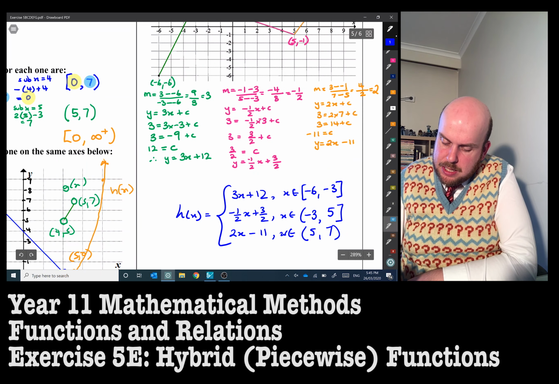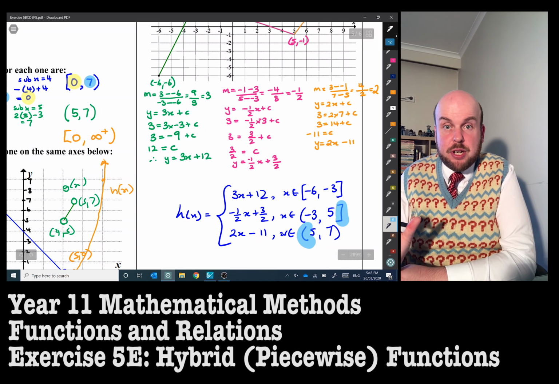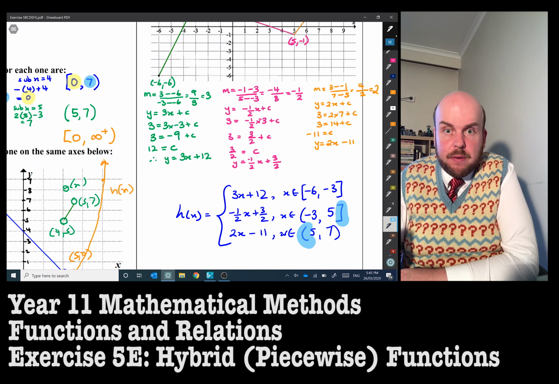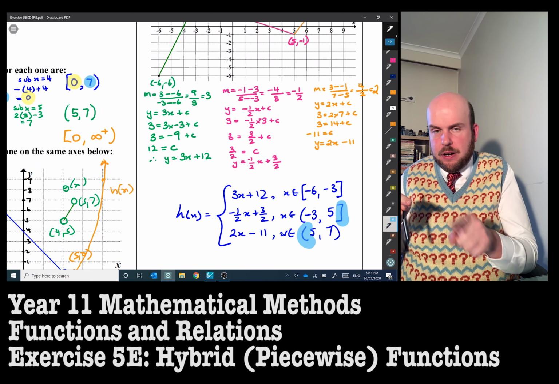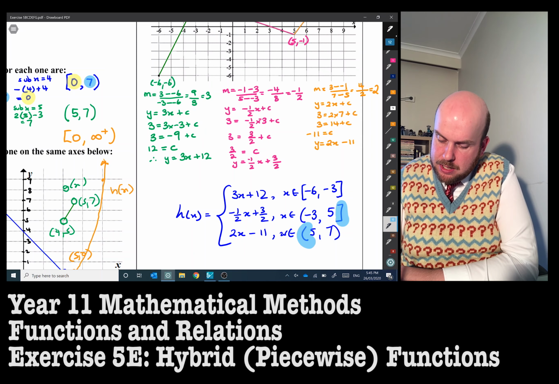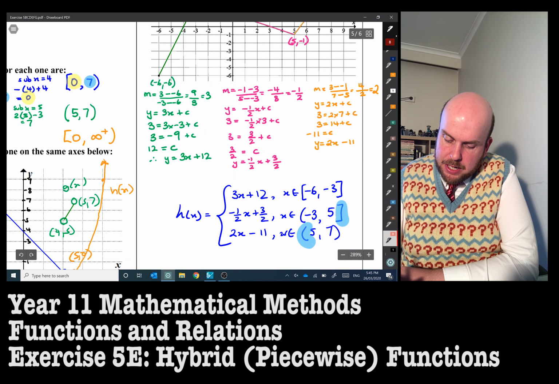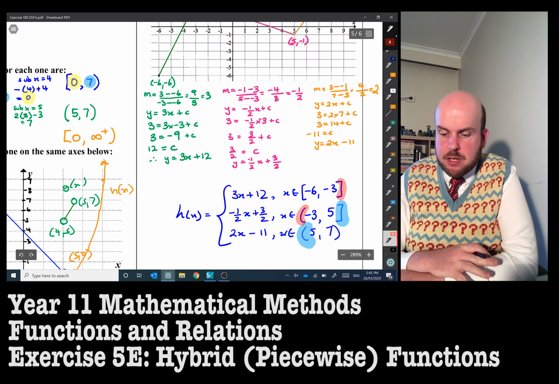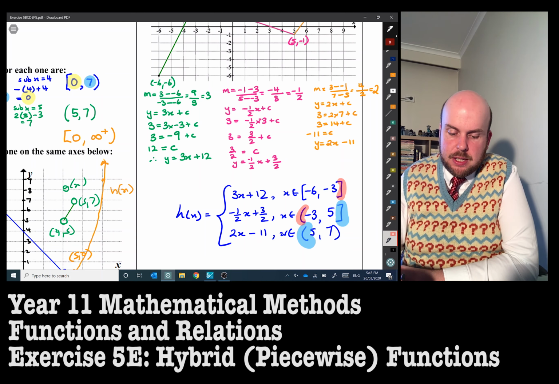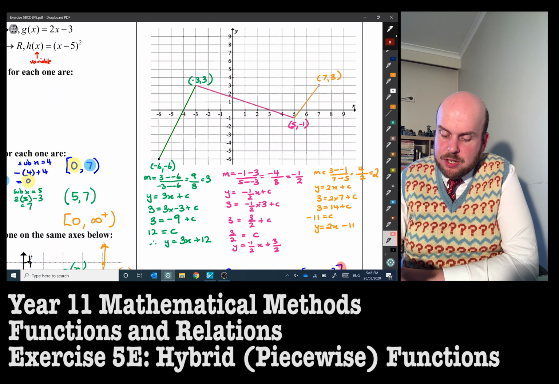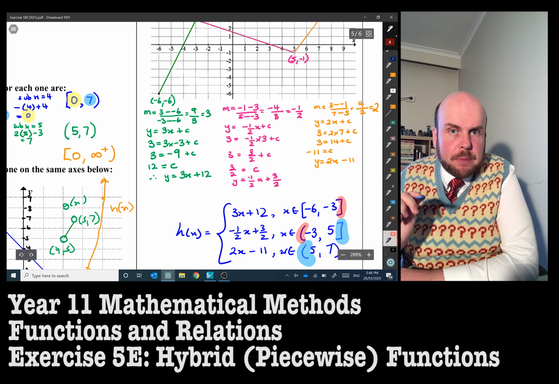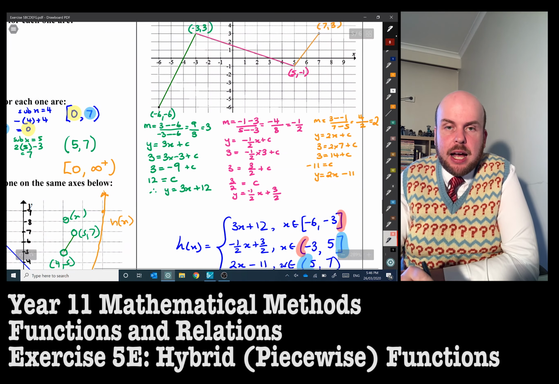Please remember this and this bracket here are interchangeable. Both are correct. So if you made that 5 not including and the 5 including, that is fine. And similarly, this bracket and this bracket are interchangeable as well because they are connected here. So that interchangeableness is only applicable to graphs that are connected.